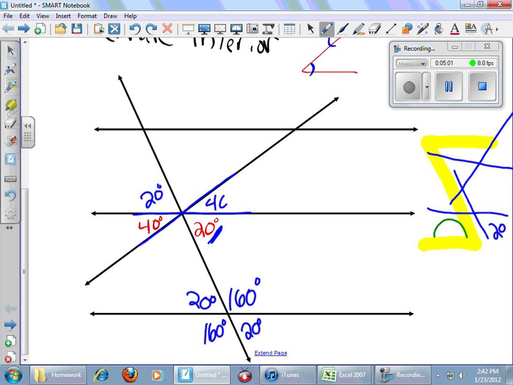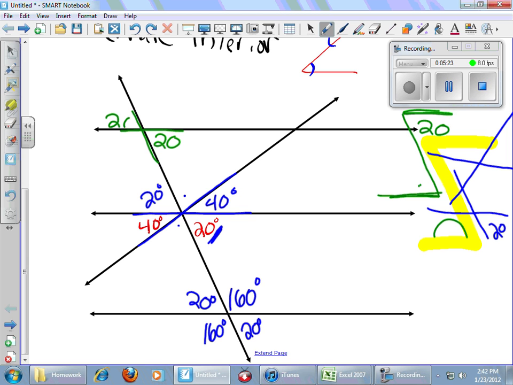That's 40 degrees, right? Now I'm going to pretend I'm stuck on these two angles here for a minute, and I'm going to go back up to some other stuff, and I'm going to find a z right there. If that's 20, this has to be 20. Lost my 20. There's an x.